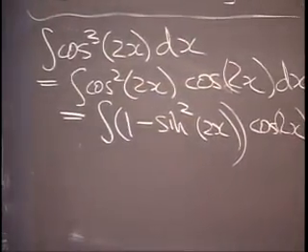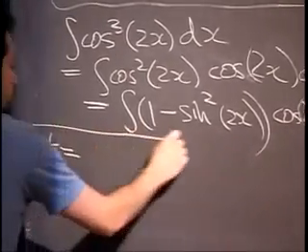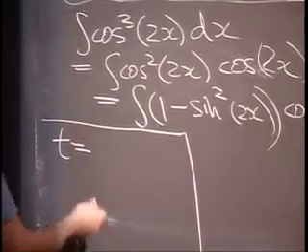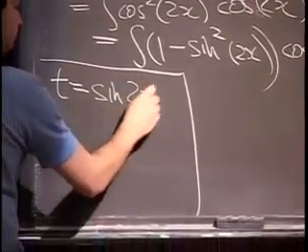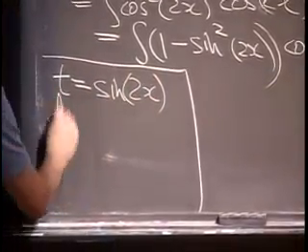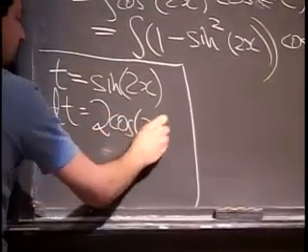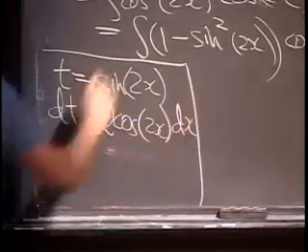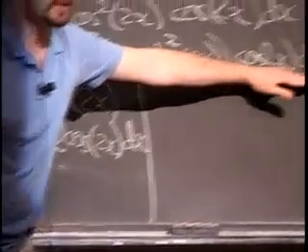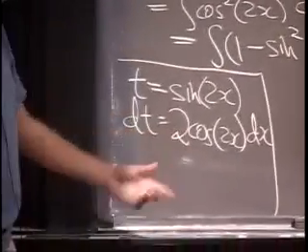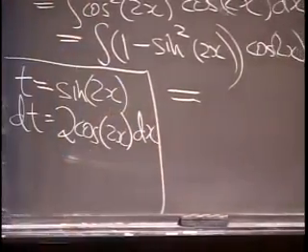Now the substitution is t, lots of working columns here, nested working columns. t is sine 2x. Careful, dt is 2 cosine 2x dx. Here we have a cosine 2x dx. dt is twice that, so if you divide by 2, you will find this integral in t land.